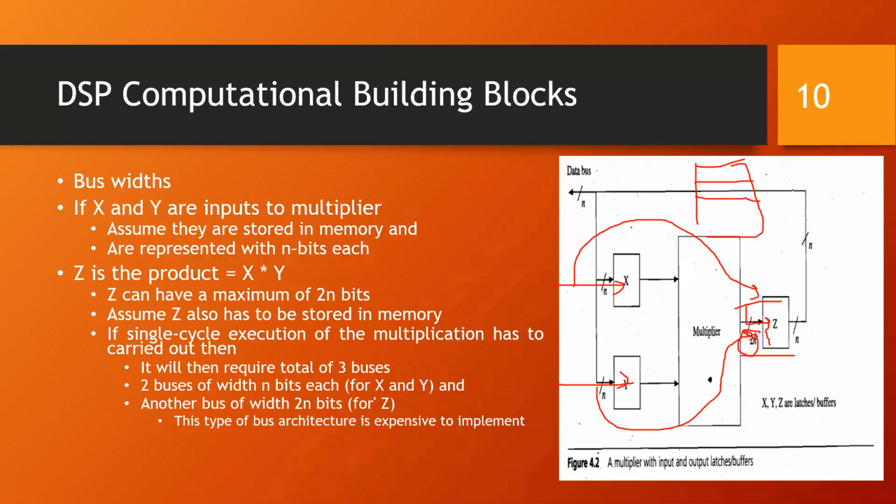If you check X and Y, X is n bits and Y is n bits, but Z is 2n bits, that is n and n. So the first n bits I store in one location and the next n bits in the other location. I am doing this with the help of the buses. Now here, what happens is that I have to access the memory 2 times for the result.